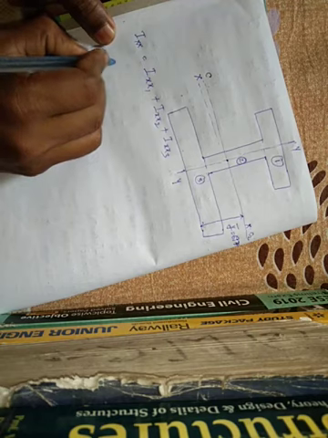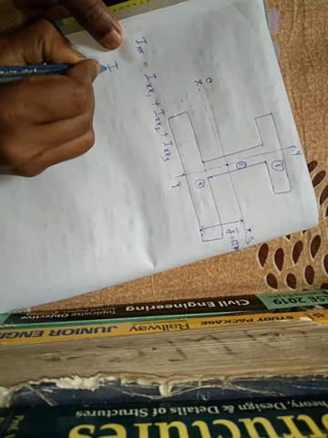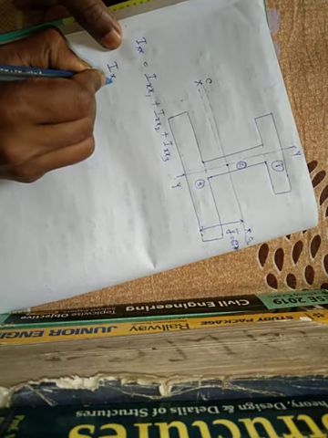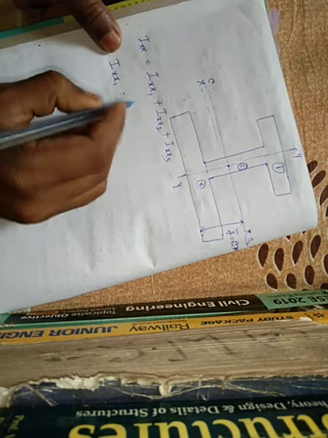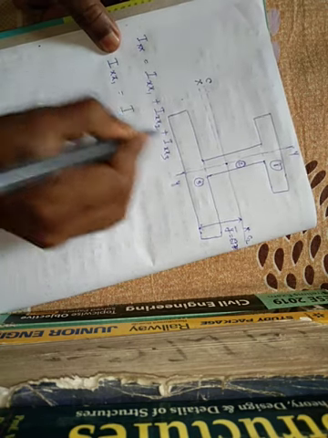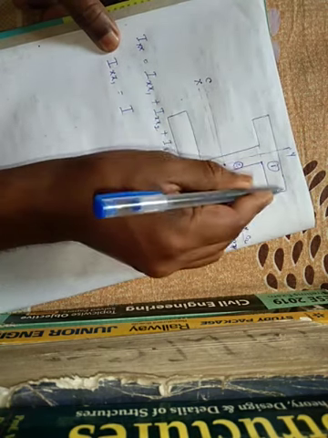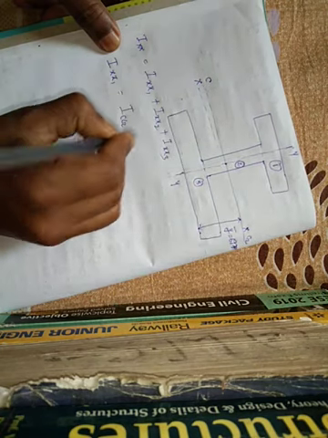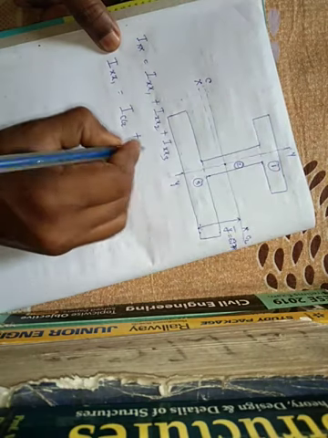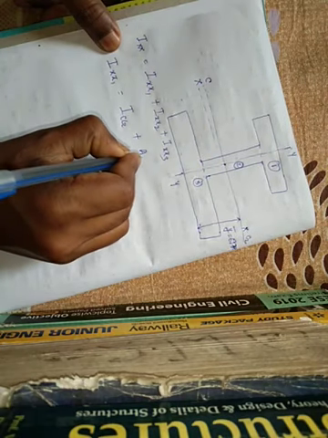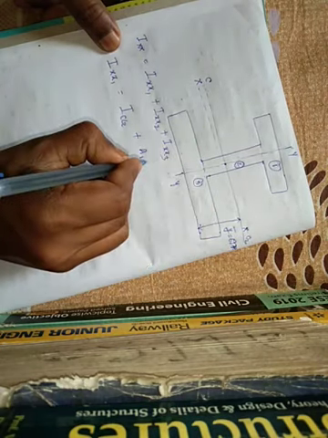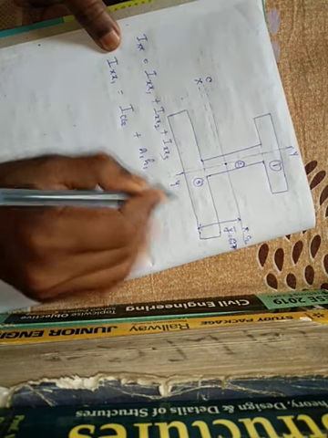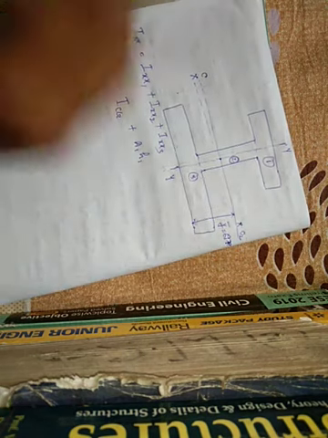Now first we have to calculate the moment of inertia of the top flange. Ix1 is equal to moment of inertia of the rectangle plus area of the rectangle A1 into H1. What is H1?